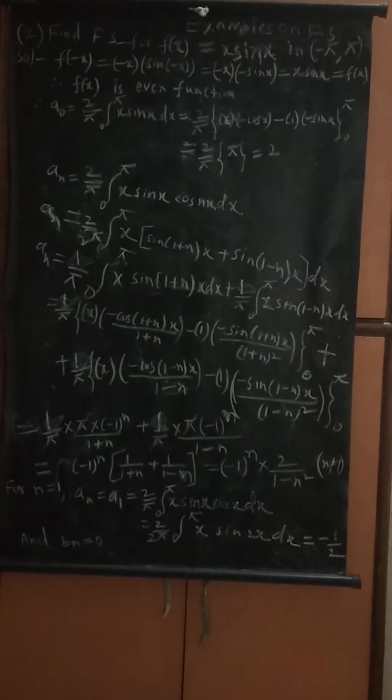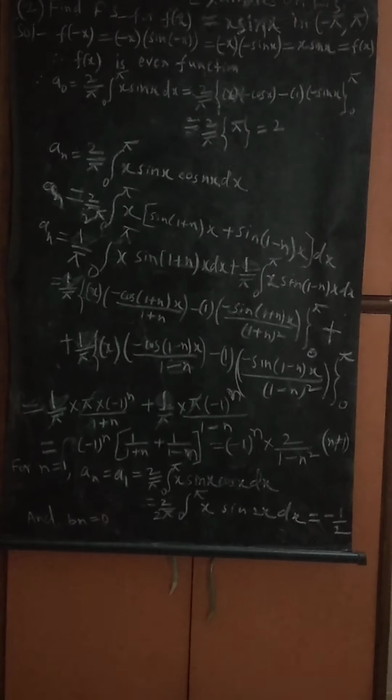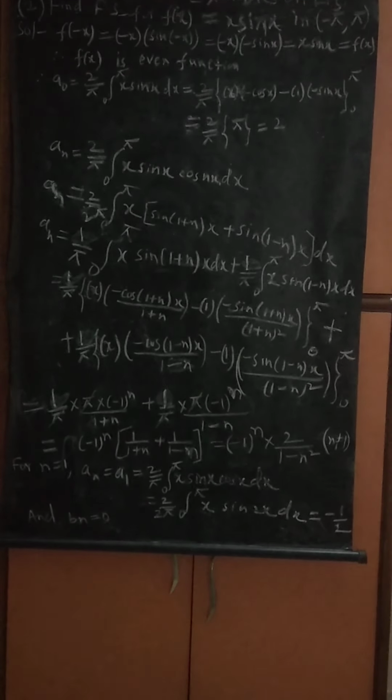By multiplying x, we are splitting this integration into two integrals, that is an is equal to 1 upon pi integral 0 to pi x into sin of (1 plus n)x dx plus 1 upon pi integral 0 to pi x into sin of (1 minus n)x dx.